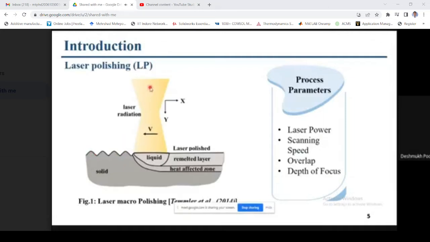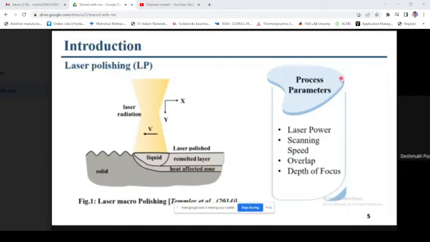Whenever the high energy laser beam is directed onto the surface, it will melt these peaks, and the molten material will flow into the valleys due to the action of viscosity and surface tension, and hence there will be a proper reallocation of the material. After solidification we get a more uniform surface. But as it is a high temperature process, a heat affected zone is observed in laser polishing.